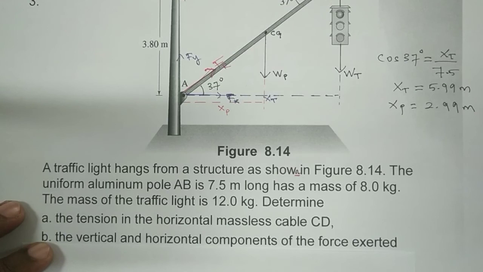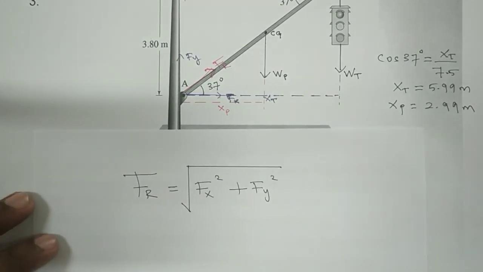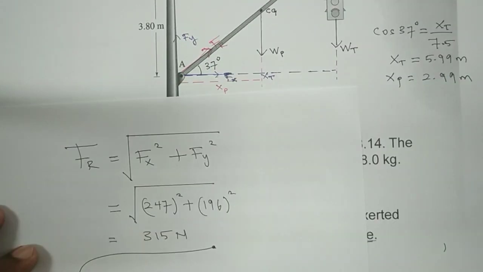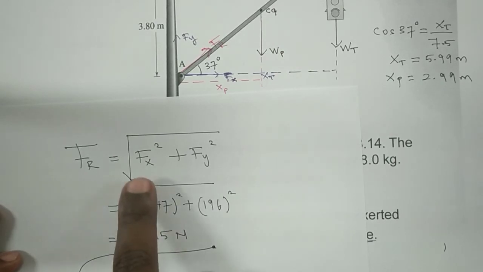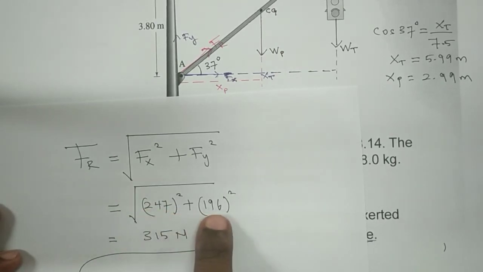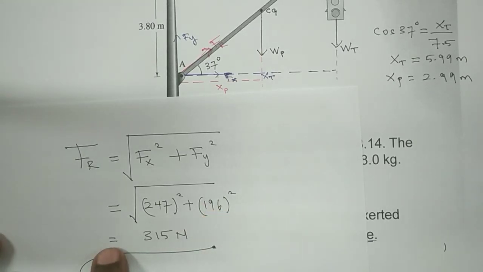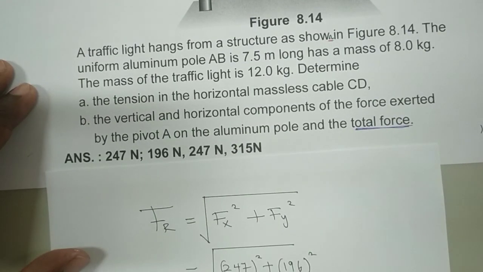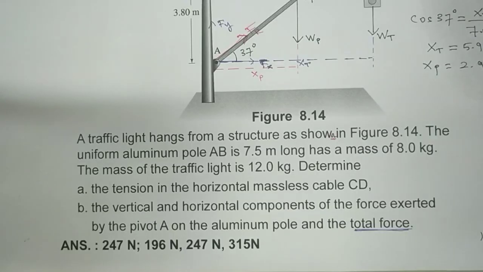By using this formula, you're going to find the resultant force at point A. By substituting the Fx and Fy, you will be able to get the resultant force, which equals 315 Newton. Answers are given. So the battle is settled.